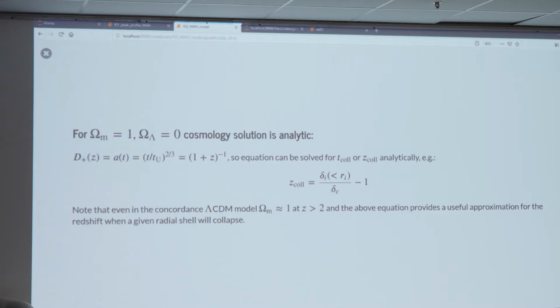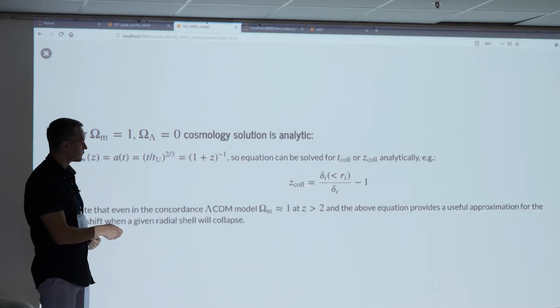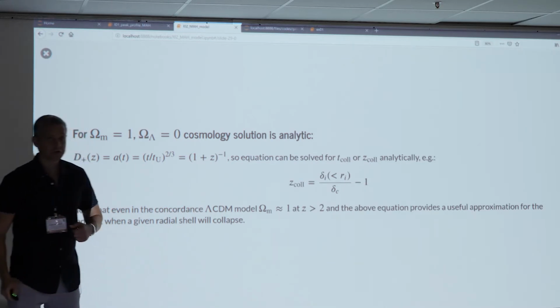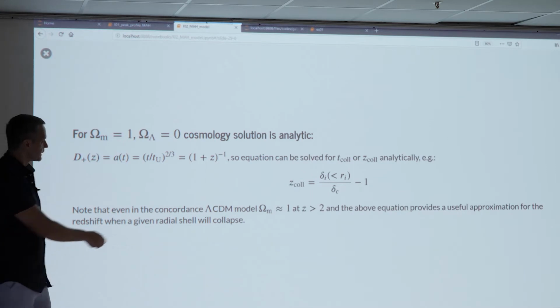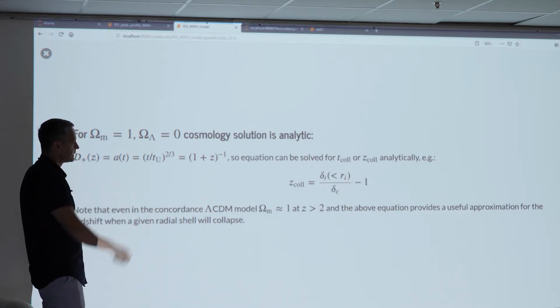For omega-1 universe, the solution is completely analytic because the growth factor, as I said, is very simple. Its growth function is just a power law function of time, or just inverse 1 plus z. And we can solve for z-collapse, for example, and we'll get the result from that equation that z-collapse is just delta divided by critical density of collapse minus 1. So it tells us that the redshifts at which each shell collapses just reflect the initial perturbation amplitude, right?